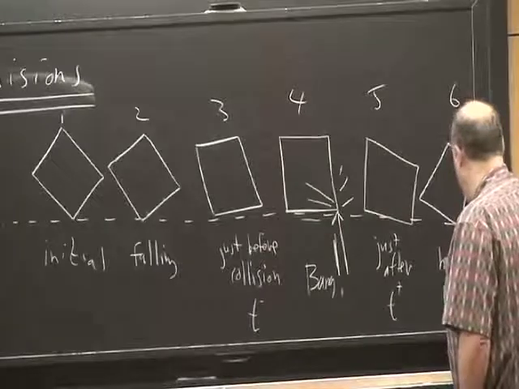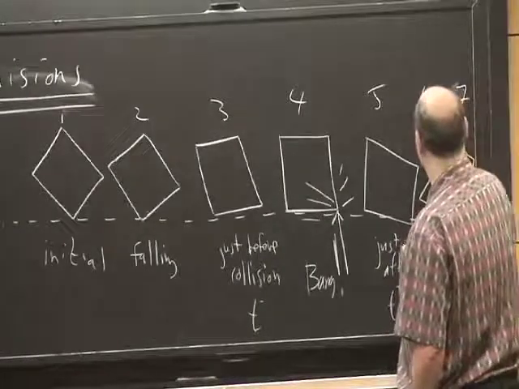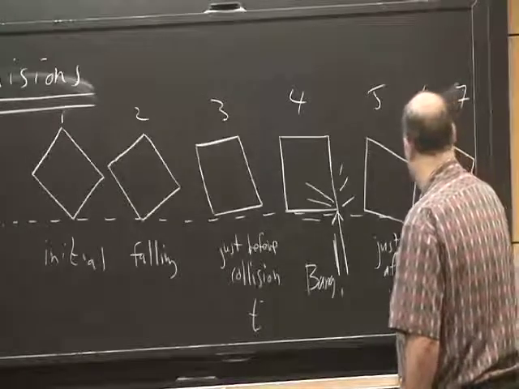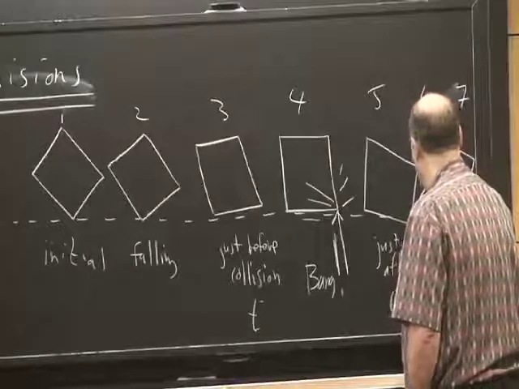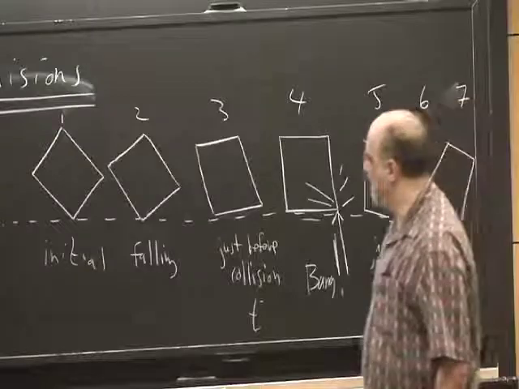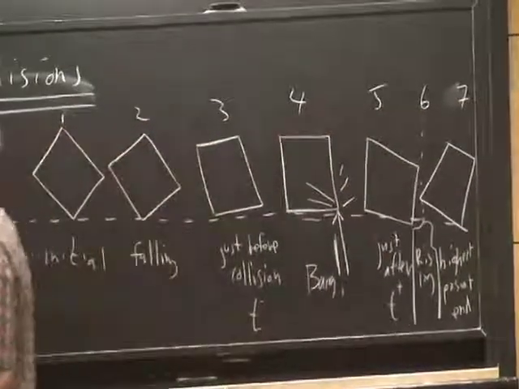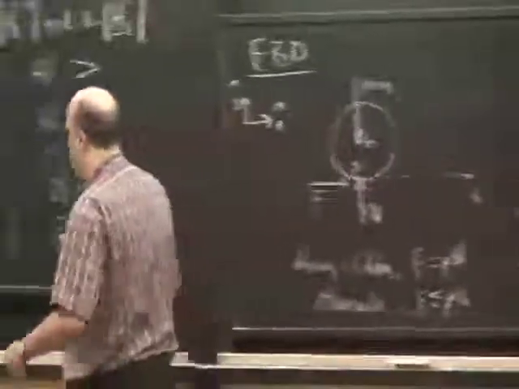And I see that I left out one state in between, which is the state where it's rising again. So another picture here where it's rising. So we have three processes: falling, collision, and rising.